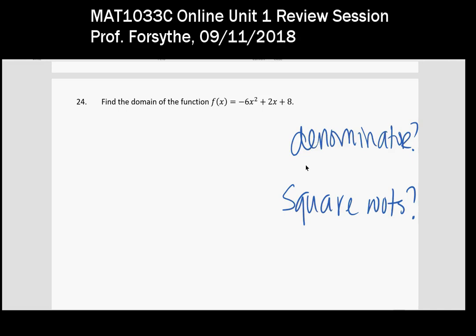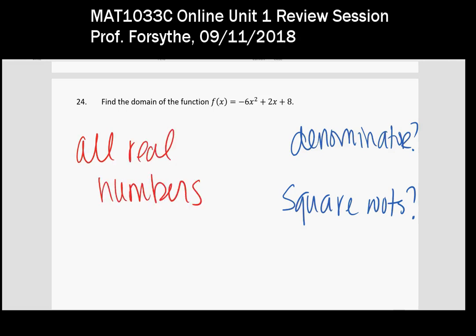So if you don't have one of these red flags, then the domain is all real numbers. What that means is that there are no x values in the real number system that will make your function undefined. And then in your MAT1033C, they want the answer in interval notation.